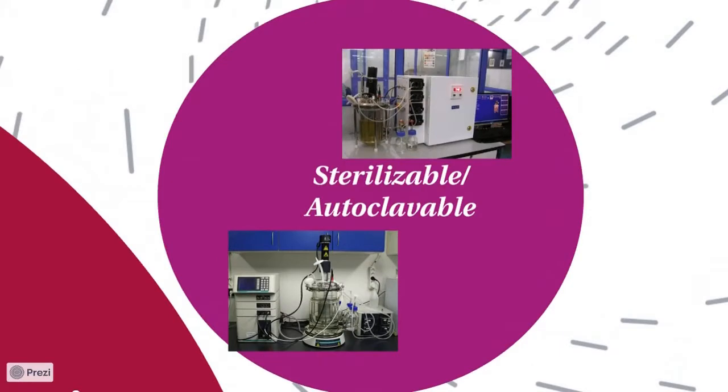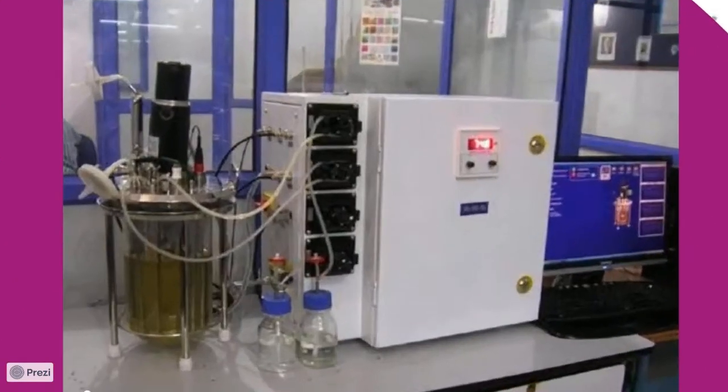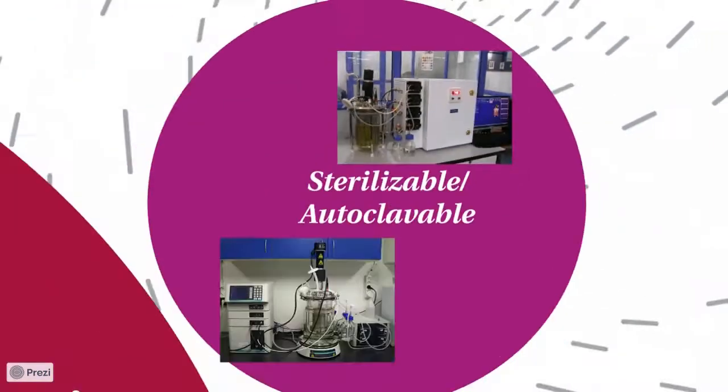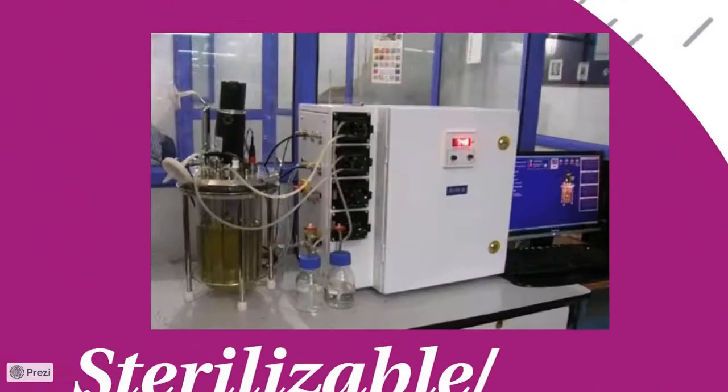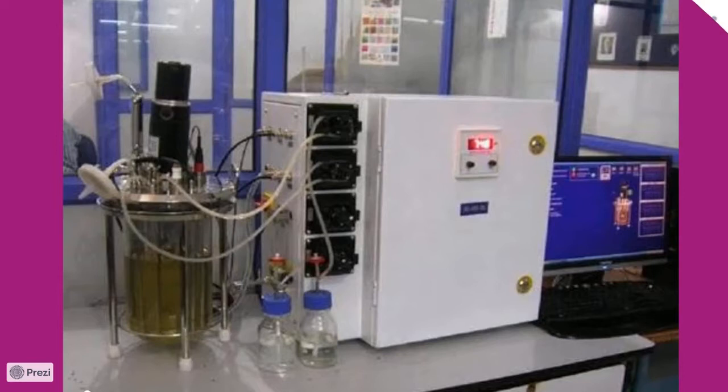First, the reactor should be able to be sterilized, and two types of reactors are commonly used: sterilizable and autoclavable instruments, wherein the sterilizable instruments are those in which the medium will be added into the reactor vessel, and the reactor vessel along with the medium will be sterilized at the holding time and holding temperature of the given medium.